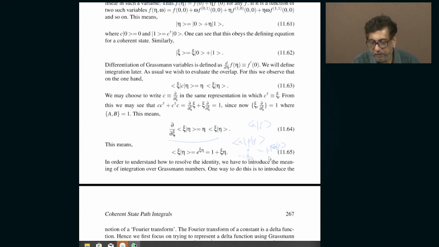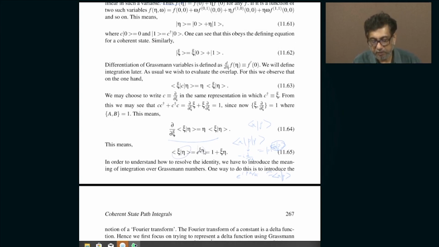So that therefore you will get an equation. If you solve you will get the overlap of x with p as e raised to i p x by h bar. So similarly here also you will get the overlap between this and this is something like that.